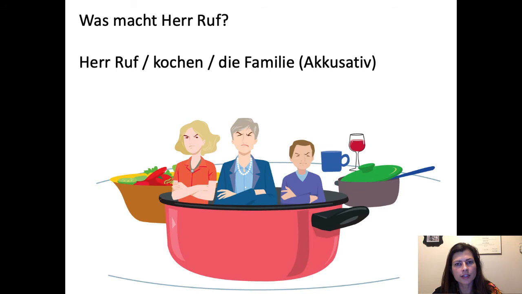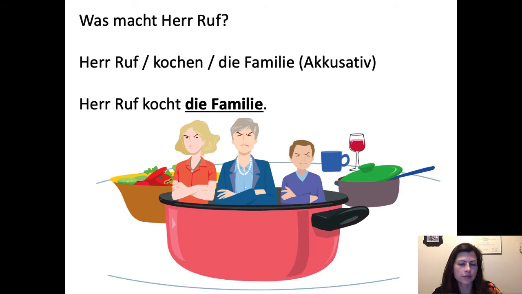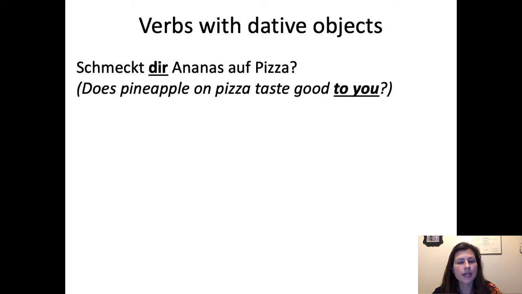Versus, if we wanted it to be accusative, it would be Herr Ruf kocht die Familie. That is feminine accusative, and that's a very different situation when the family directly receives the cooking instead of indirectly receives the cooking.